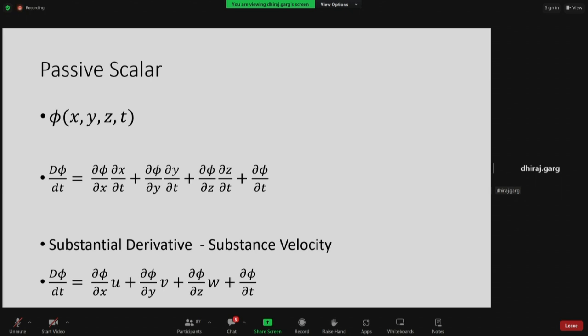So this assumption is very important to clarify: the substance you are taking should not affect the local flows, its size should not be large enough to affect the local velocities, and only then can you consider it a passive scalar.